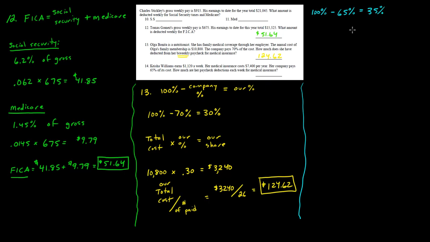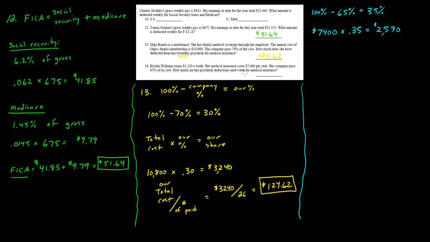So we then take our percent times the total cost. The total cost of her medical insurance is $7,400. Again, same thing we did here. The total cost of it times our percentage that we have to pay. Our percentage is 35%, 0.35, and that leaves me with our share. Our share appears to be $2,590, and that's per year.